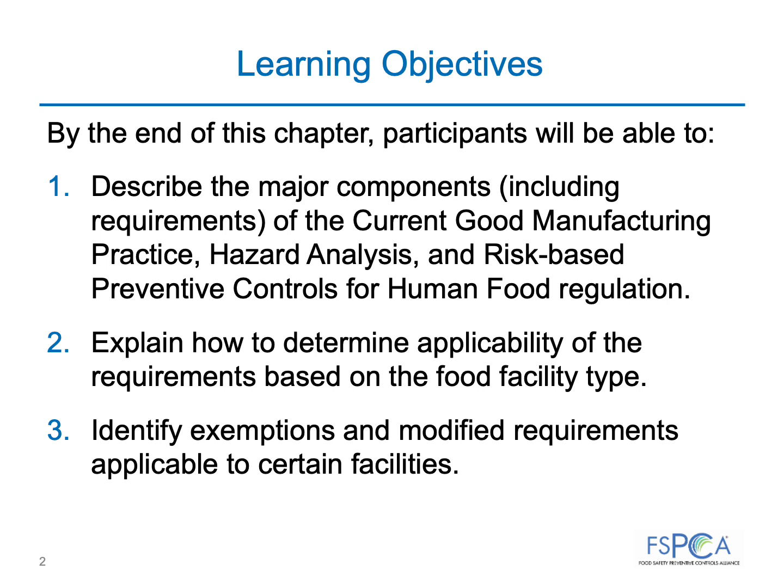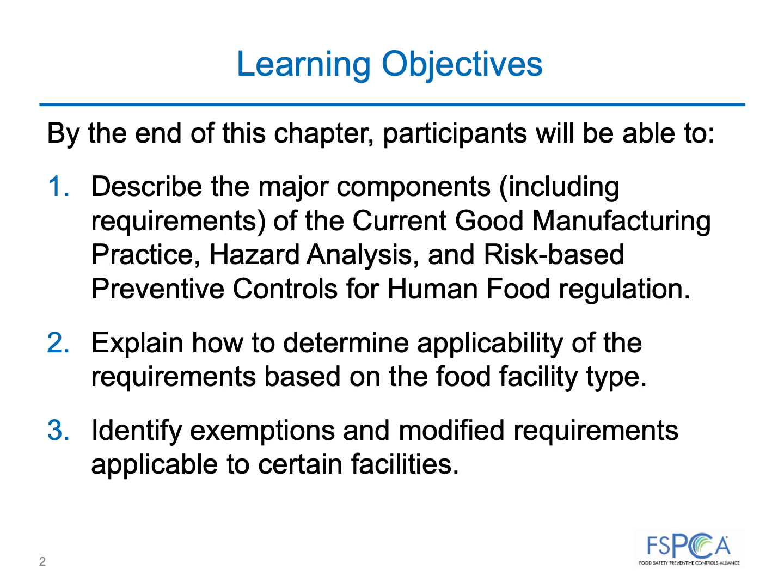This course was developed to assist human food establishments with developing and implementing risk-based preventive controls that comply with the regulation. In some sections of the course, the information provided goes beyond what is in the regulation to assist with implementation of a robust food safety plan.